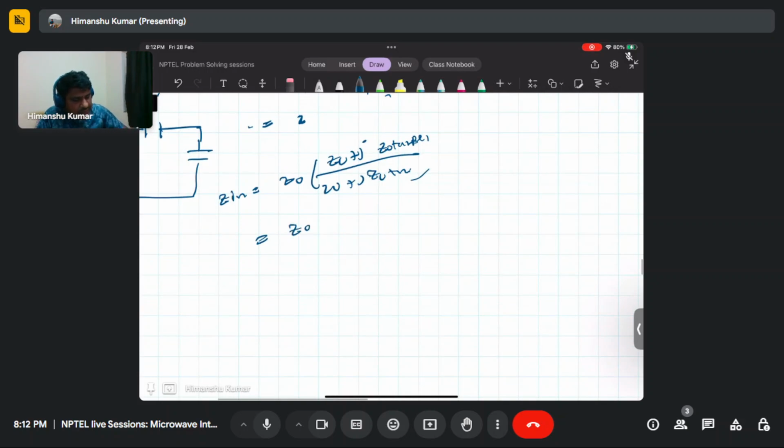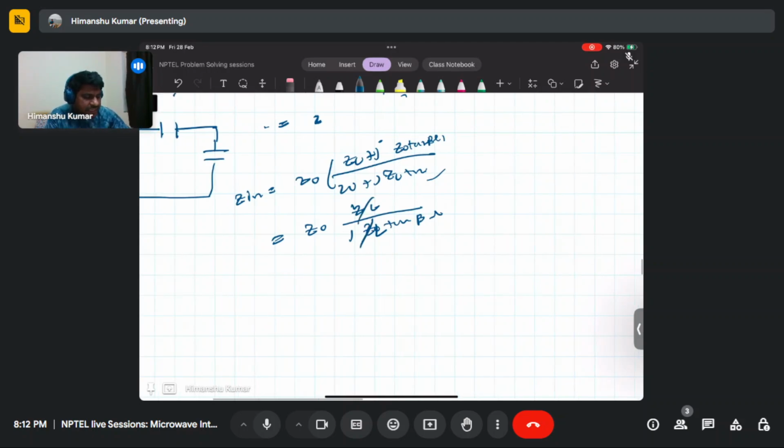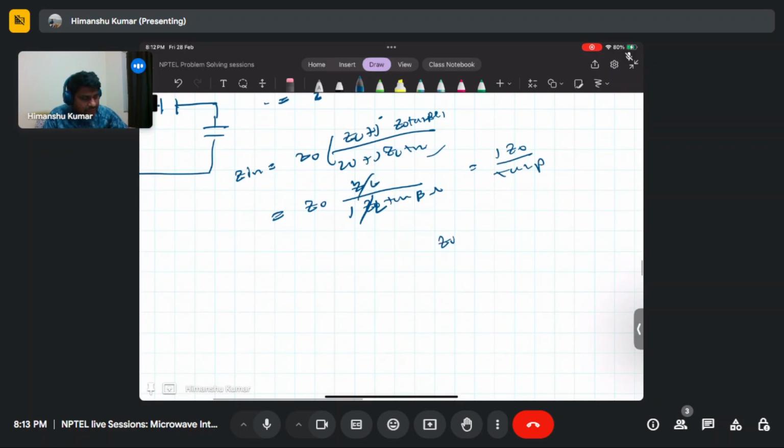Basically the open circuit line impedance will be j times Z naught tan beta L, and for the short circuit line it will also become j times Z naught tan beta L.